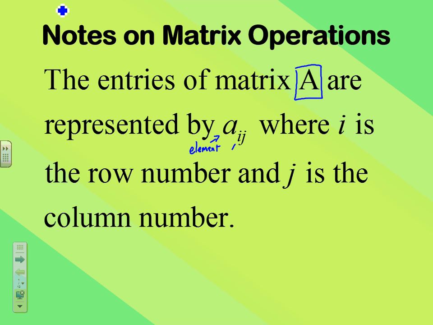The i tells you what row your element is in, and the j tells you the column that the element is in. So let's say I had a 4,7. That would say I'm looking at something in row 4, column 7 of a matrix. We're not going to look at anything nearly that big, but that's how things are located inside of a matrix.